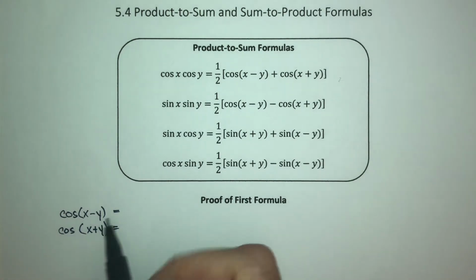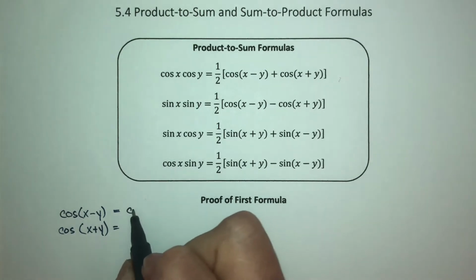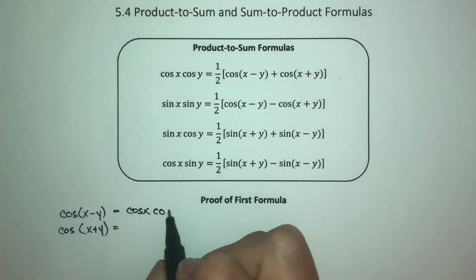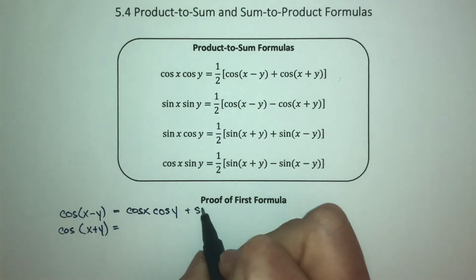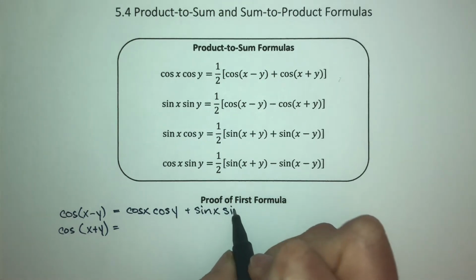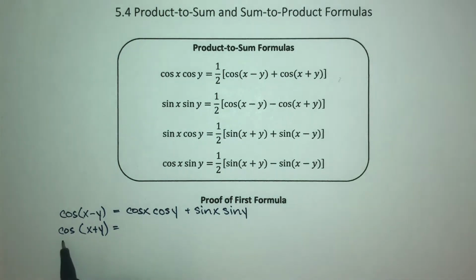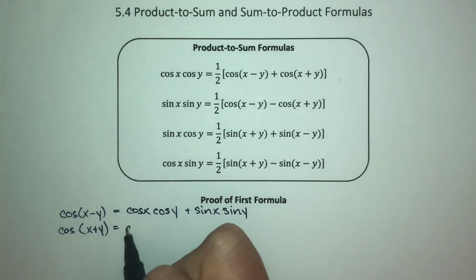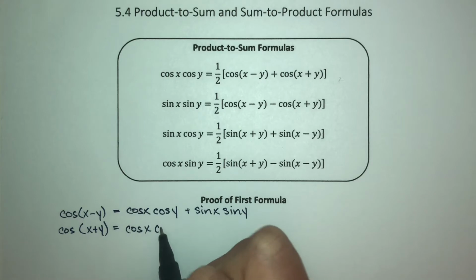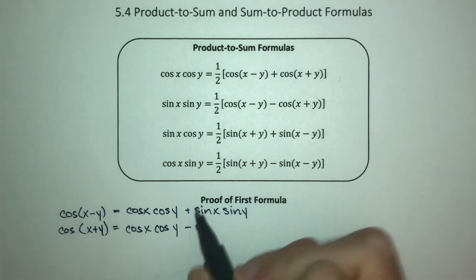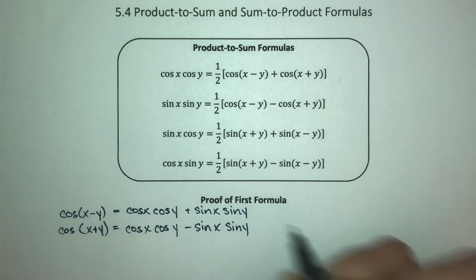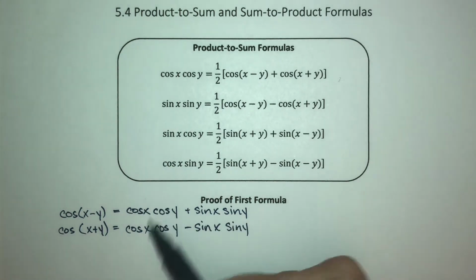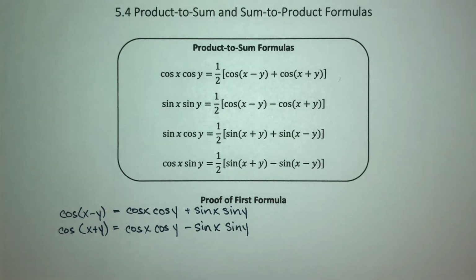Cosine of x minus y is the same thing as cosine x cosine y plus sine x sine y. And cosine of x plus y is cosine x cosine y minus sine x sine y. So these are our sum and difference formulas for cosine.